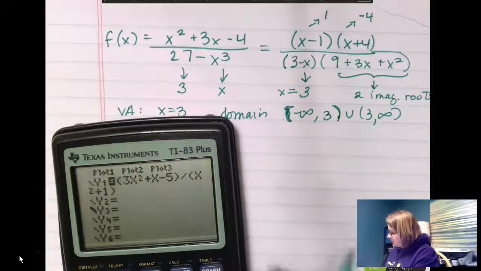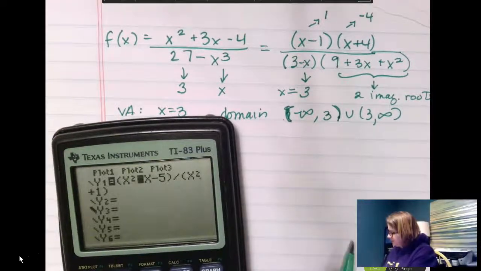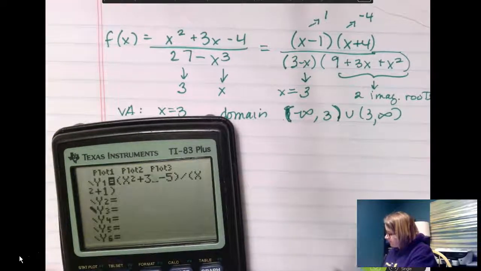So we are going to do x squared plus 3x minus 4 divided by 27 minus x cubed.